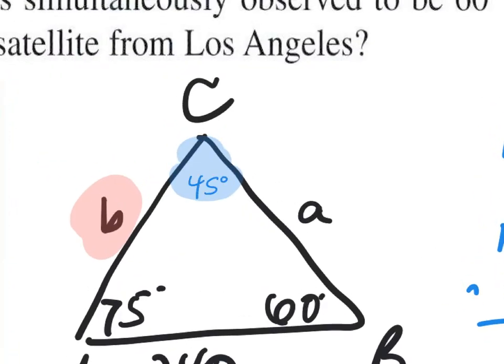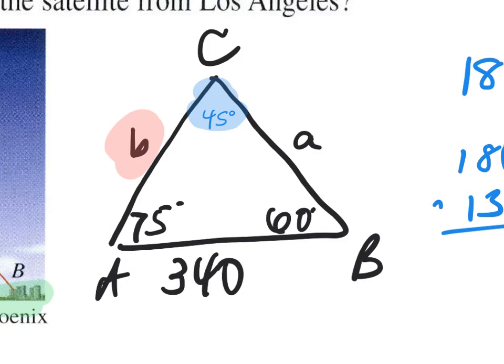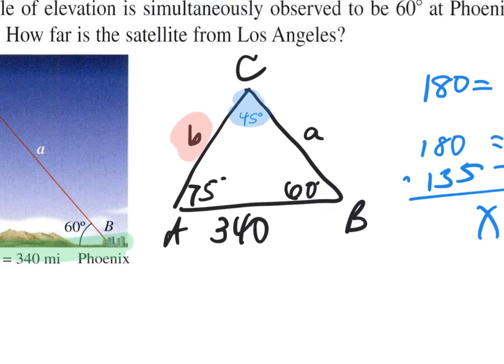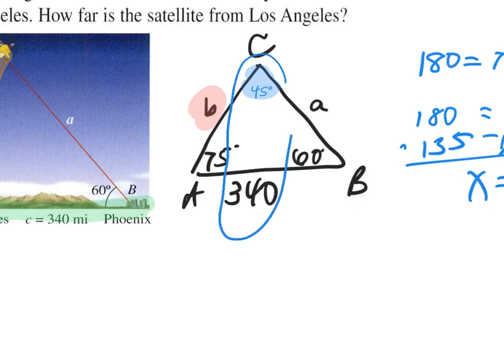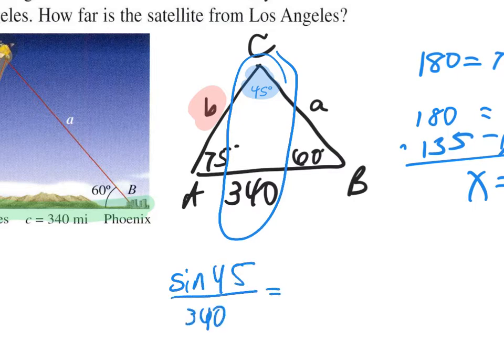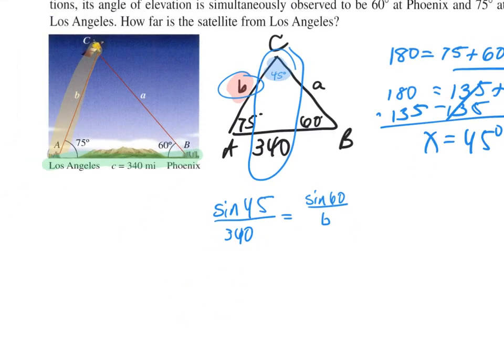Now, if I'm looking to find side B, I need an angle and its corresponding side length so I can use the law of sines. So right here, I have 340 and 45 degrees. So I can say that the sine of 45 over 340 equals the sine of B, or sine 60, over side B, because this is what I'm looking for. This is just a proportion, so when we solve, we cross multiply.